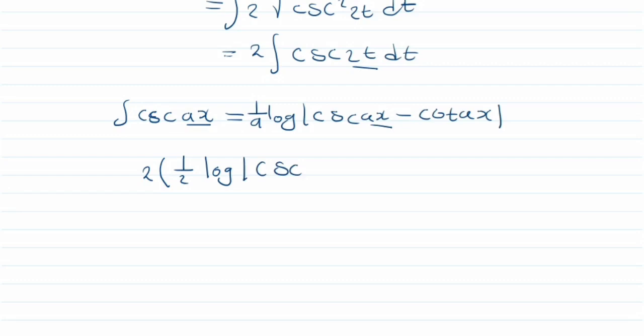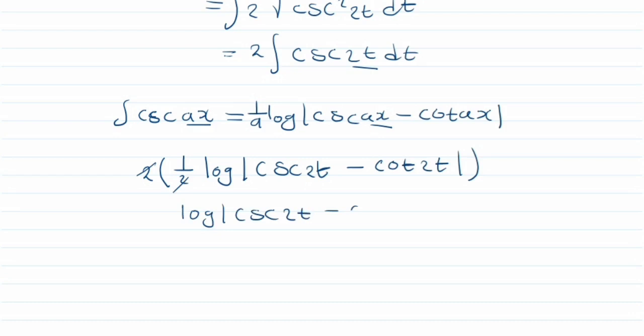So we're going to put our angle, which is 2t, minus cot 2t. So simplifying this, 2 and 2 will cancel out. We're going to have log cosec 2t minus cot 2t.